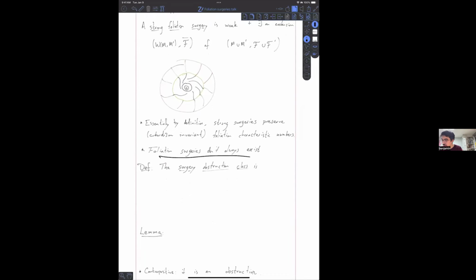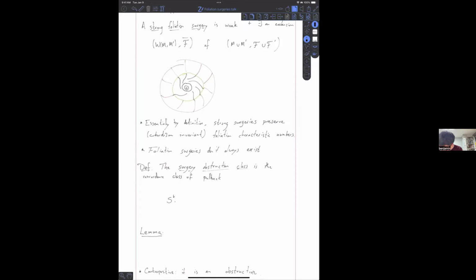So yes, these foliation surgeries don't always exist. So there's an obstruction, which I call the surgery obstruction class. It's the concordance class of the pullback. So what do we have?